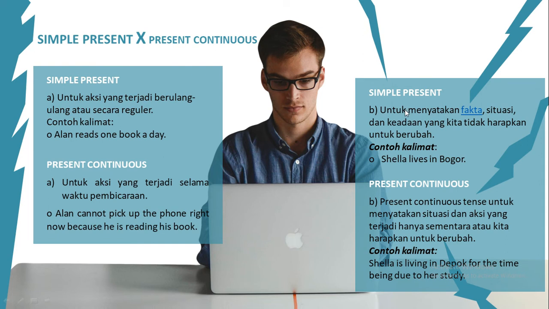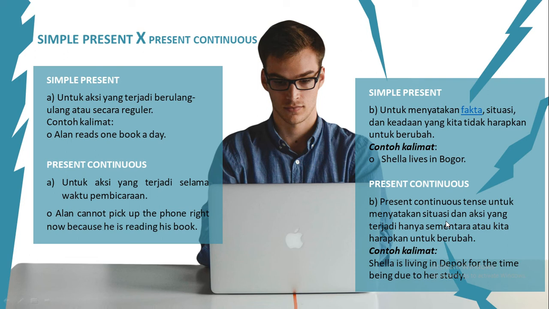Another difference: the simple present expresses a fact or situation that cannot be changed. For example, Shala lives in Bogor. But the present continuous expresses a situation or an action that is temporary, only happening for a short time. It always can be changed.